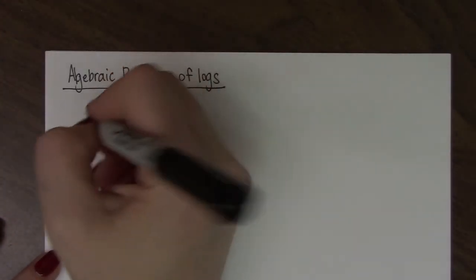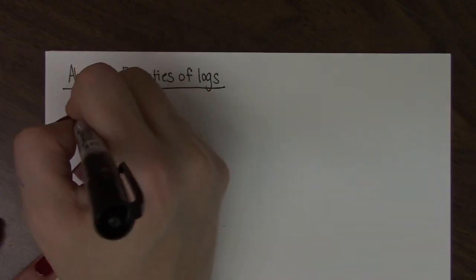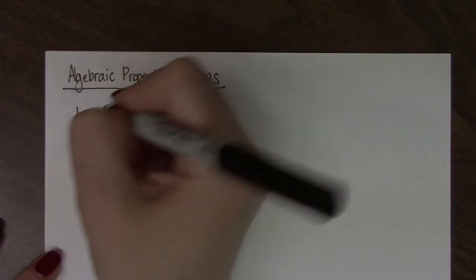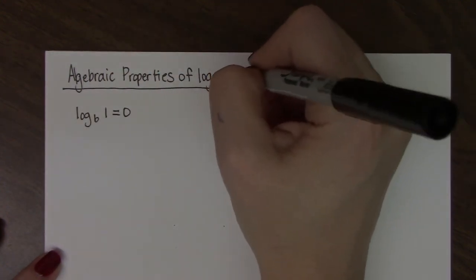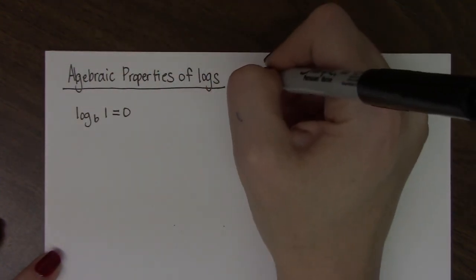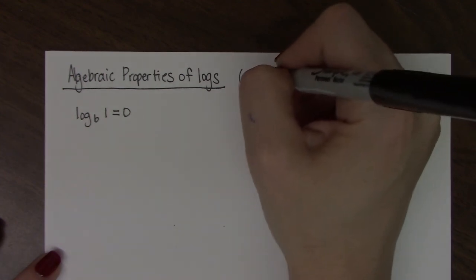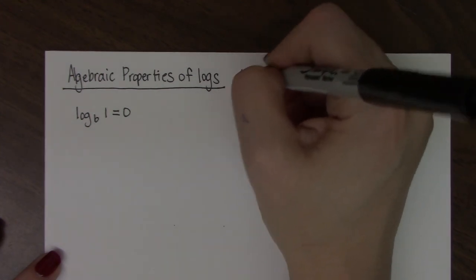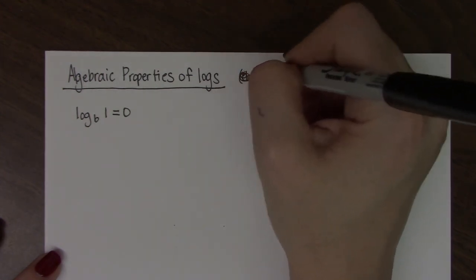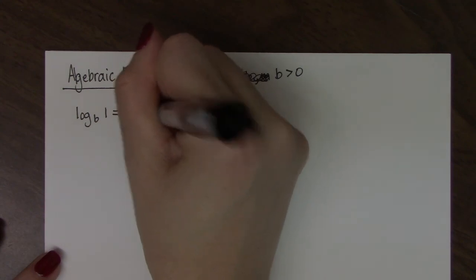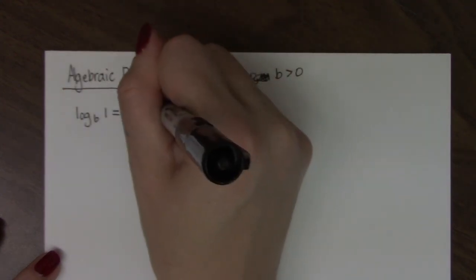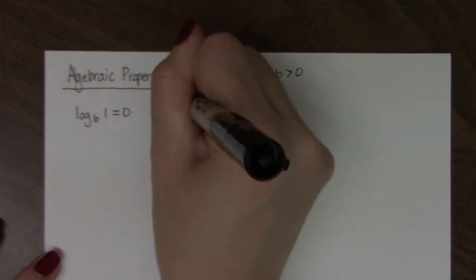The first thing we just got to peek at says log base b of 1 equals 0. Here b just has to be a base greater than 0. And this is true because we can always write this as an exponential, because b to the 0 equals 1.